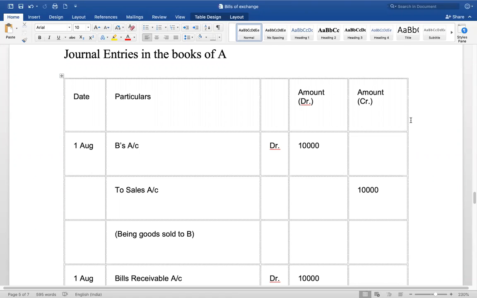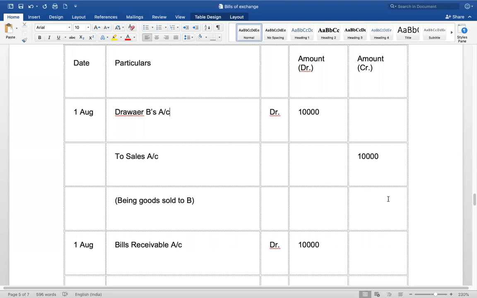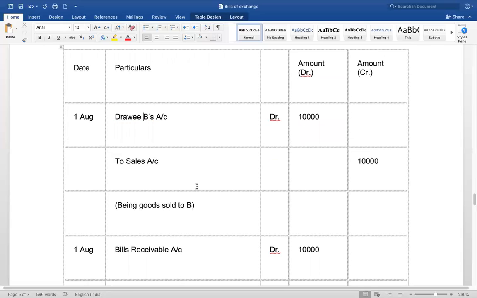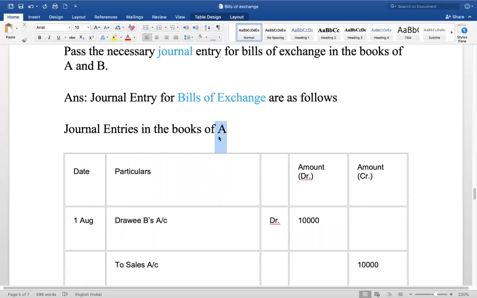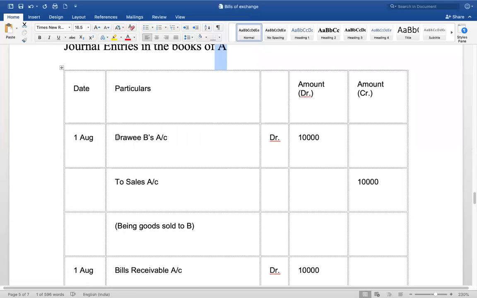B is the drawee. Yes, in the books of A, when you're writing, it is drawee.